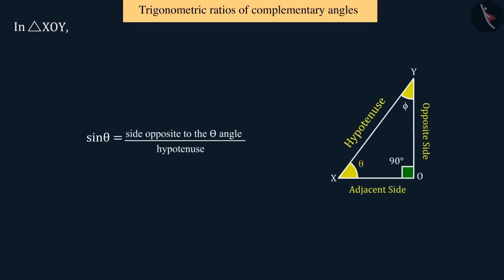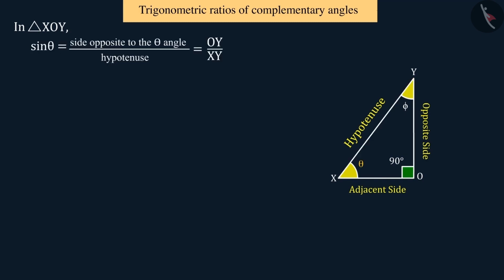For sin theta, its value will be equal to the ratio of the opposite side of theta and the hypotenuse, where the opposite side is OY and the hypotenuse is XY.